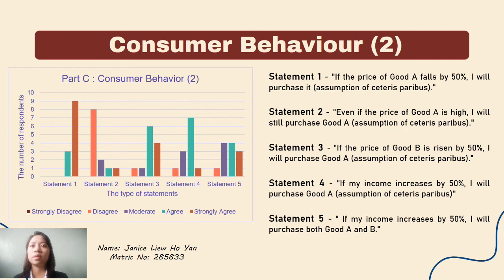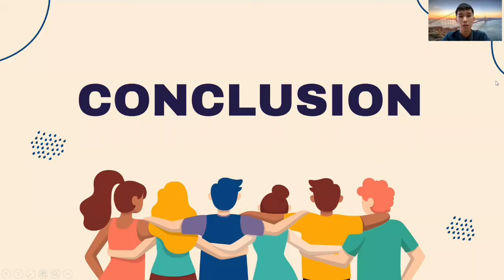Lastly, statement 5 is, if my income increases by 50%, I will purchase both good A and good B. Most of the respondents answer agree and moderate. This is because the consumers can purchase both of the goods when their income increases.